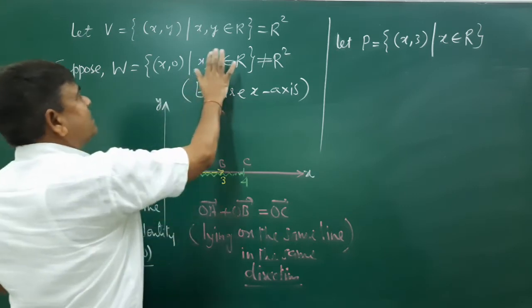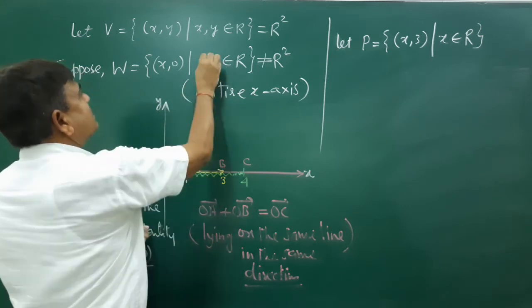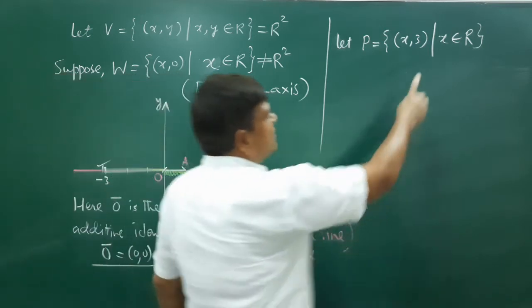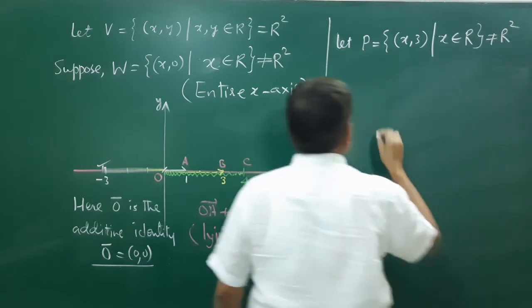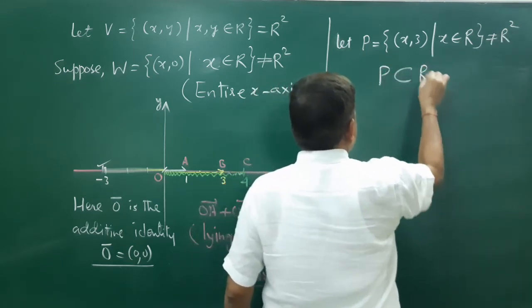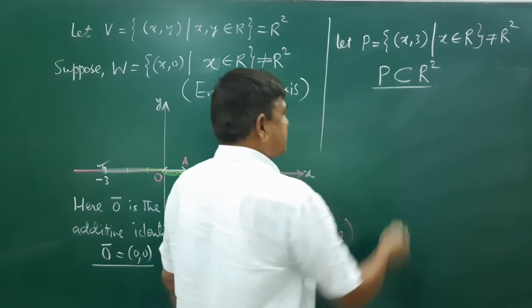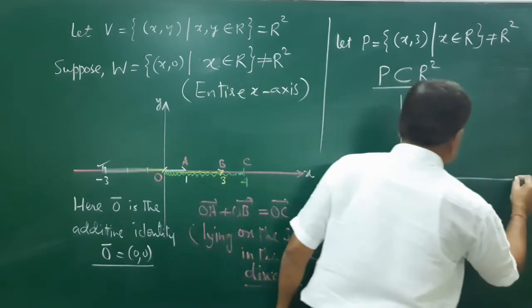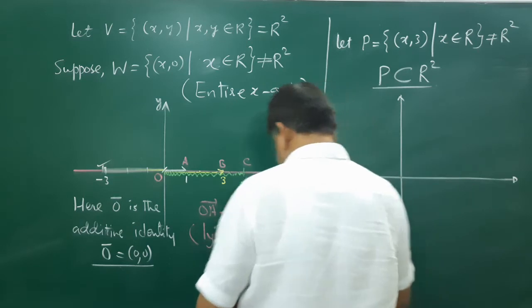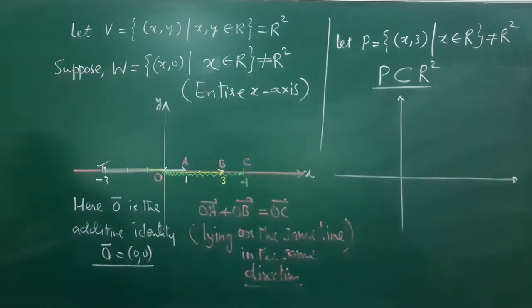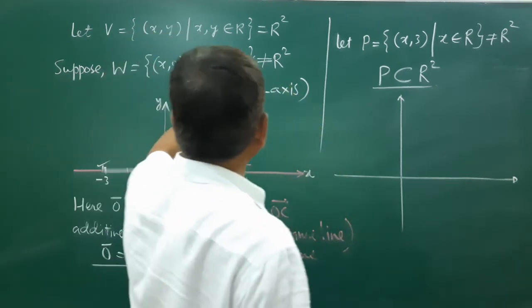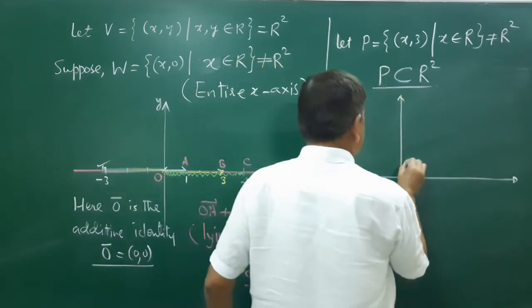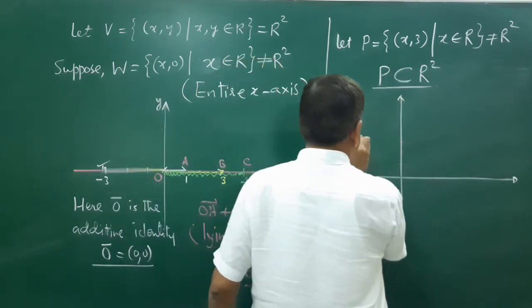Y is not given, so you can write x belongs to R, and similarly here x belongs to R. So this is not equal to R square. You find P is a subset of R square. Look at the geometry. You people know that this is the line, because y coordinate is fixed, that is 3. So it is 1, 2, and 3. You find this.